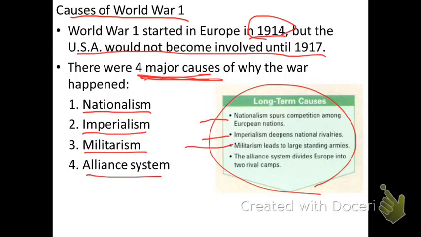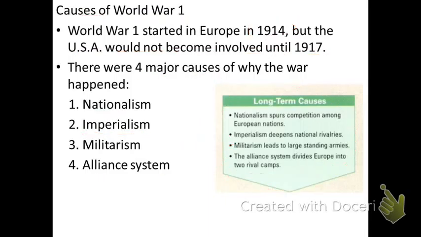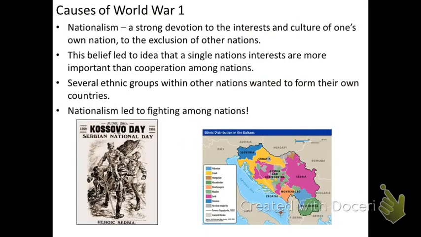Militarism leads to large standing armies, and again, oftentimes people build armies because they intend to use them. And then, of course, the alliance system, Europe was divided into these 2 rival camps. Let's move on to the first of the major causes, which would be nationalism. This is the first.